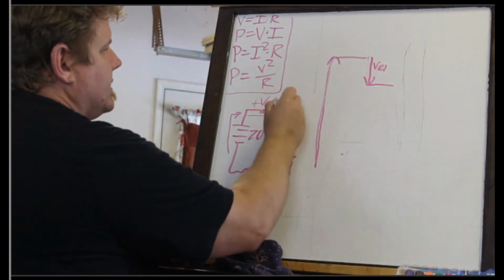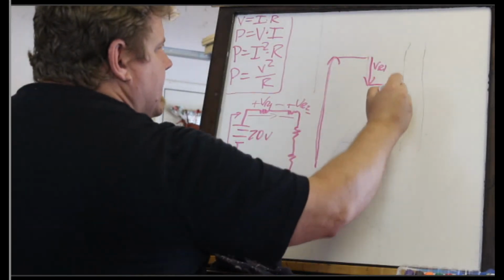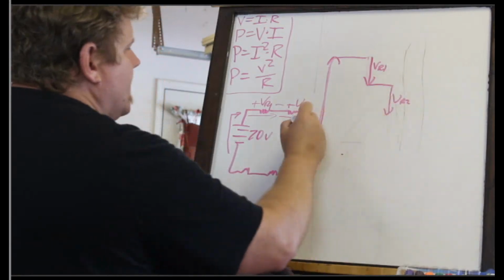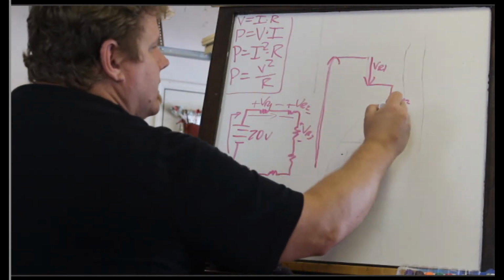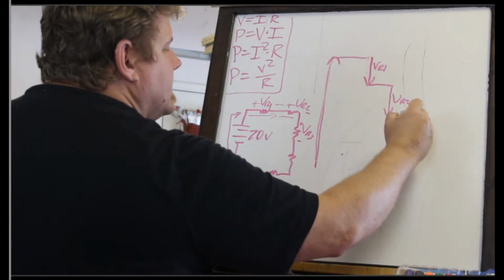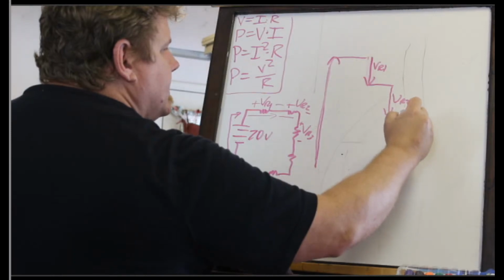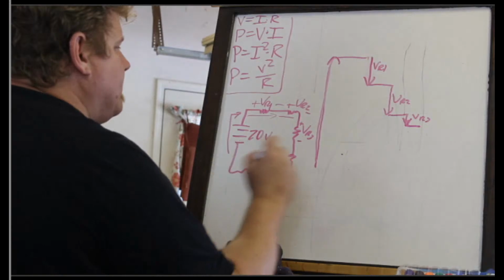I go through the next one, this much down, VR2, and then here's VR3, and maybe this one's a really short one. Somebody might trip on this staircase since they're not all the same height, but I'm just trying to illustrate this here.